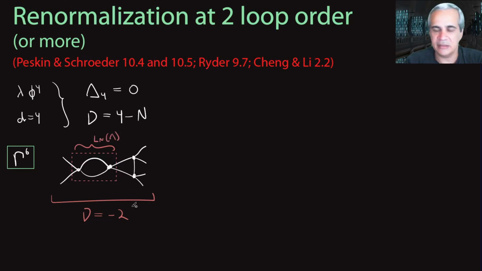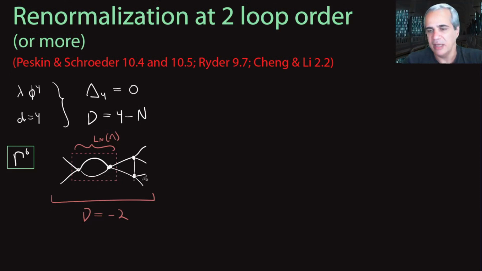So that's a specific case where a sub-diagram diverges. But this is a simple one, because if you think about it, there are no cross terms between what's happening in this loop and what's happening in the rest of the diagram.